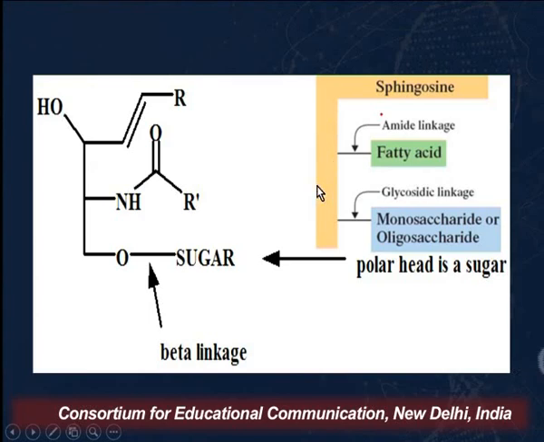So generally what you have to remember is that in a glycolipid, especially the sphingoglycolipid, you will have a sphingosine backbone, a fatty acid, and a polar head, which may be a monosaccharide, oligosaccharide, or a derived carbohydrate.